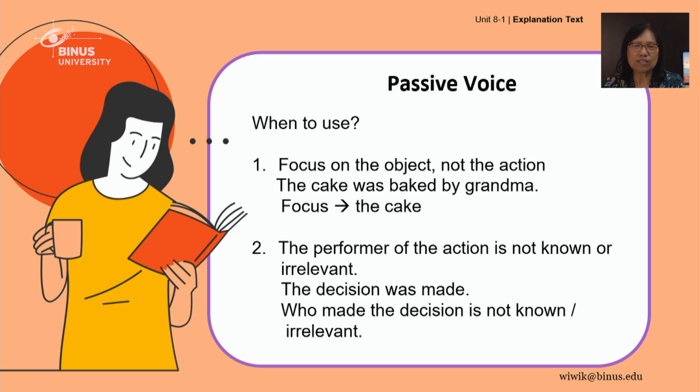You don't want to tell the readers who made the decision. So the decision is the most important thing. Those are the two reasons why we use passive voice in our sentence.